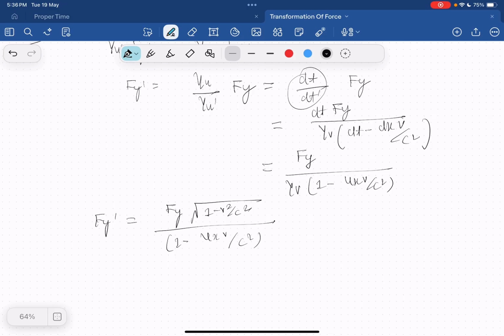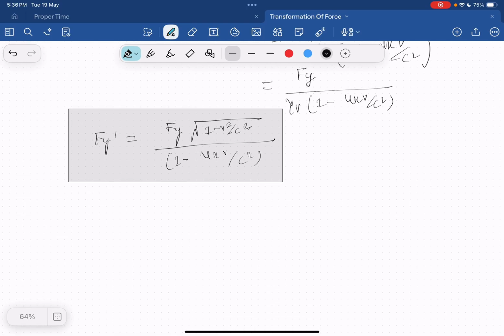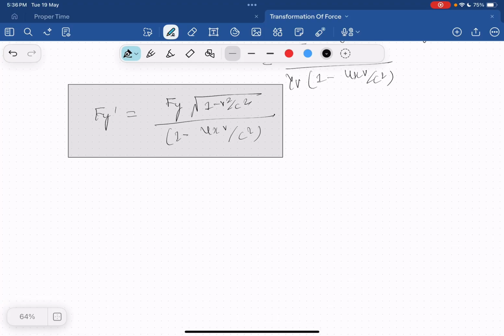So this is the transformation relation for the y component. And similarly for the z component, the transformation relation comes out to be fz prime is equal to fz under root 1 minus v square by c square divided by 1 minus ux v by c square.